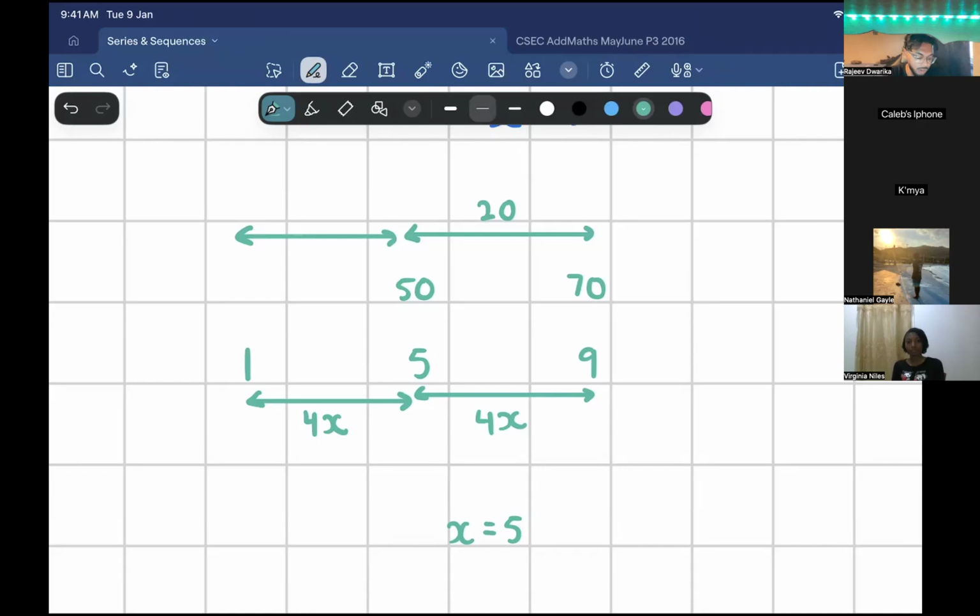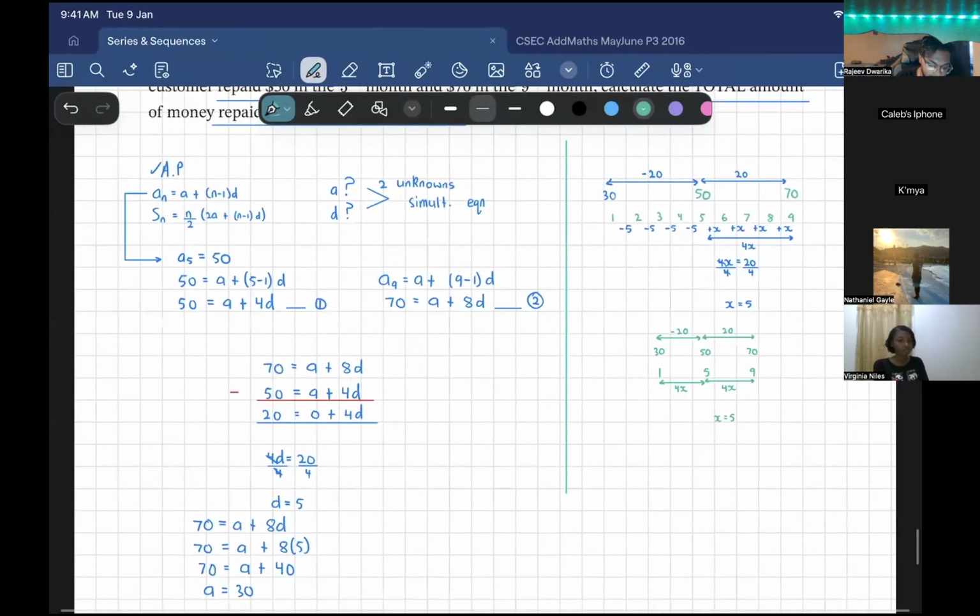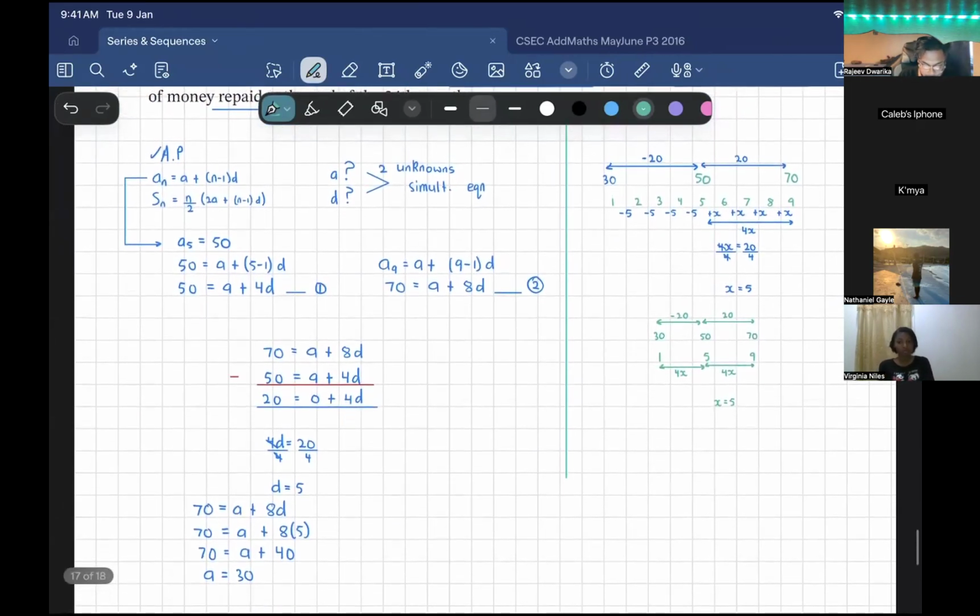So that'll be 4 times minus 5, and you get minus 20 here. So 50 minus 20 takes it to 30. And just like that, you get A and D. I don't think it gets easier than that. That'd be the simplest way as opposed to doing simultaneous equations.